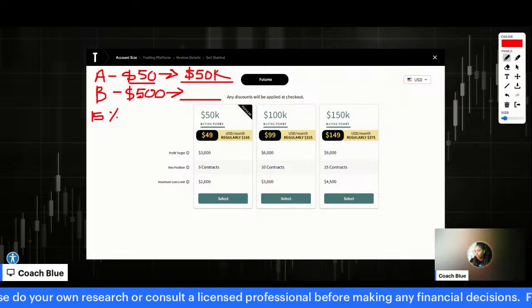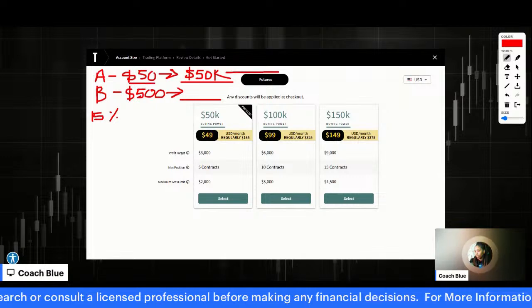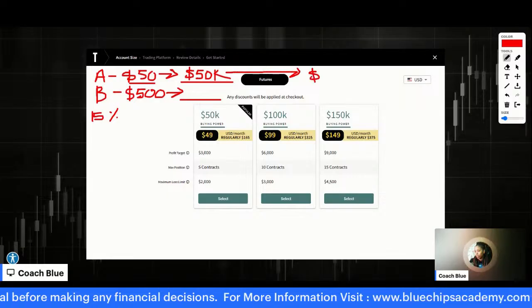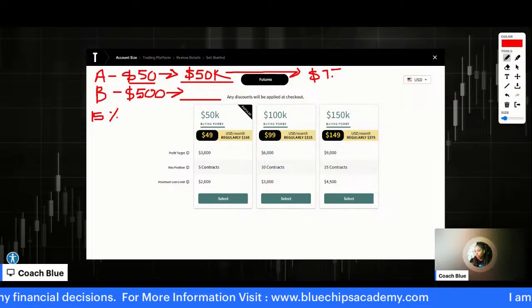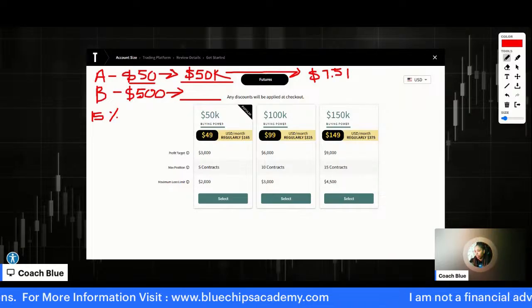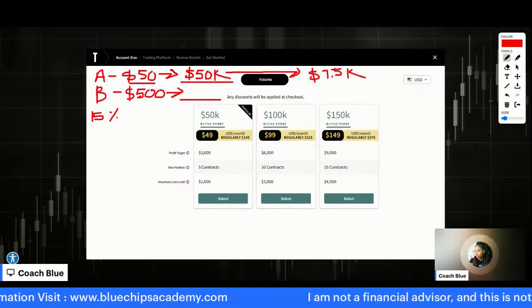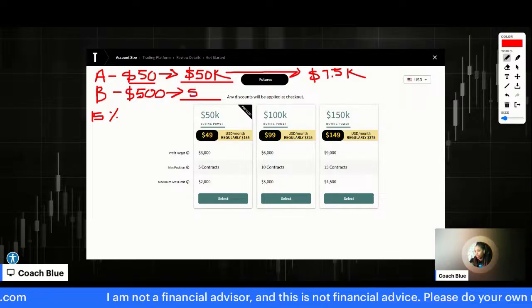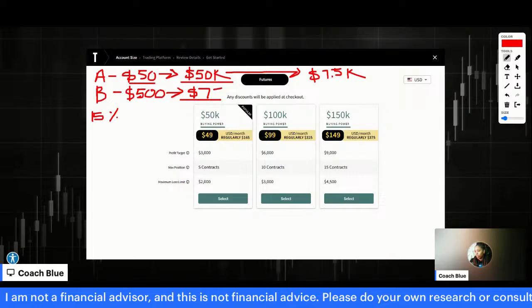So with this 15%, trader A put up $50 and gained 15%, and so now their profit is $7,500. 7.5K. Okay? Trader B put up their own $500, and their profit is $75.